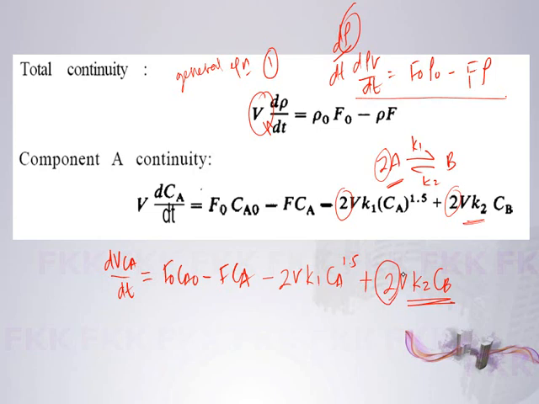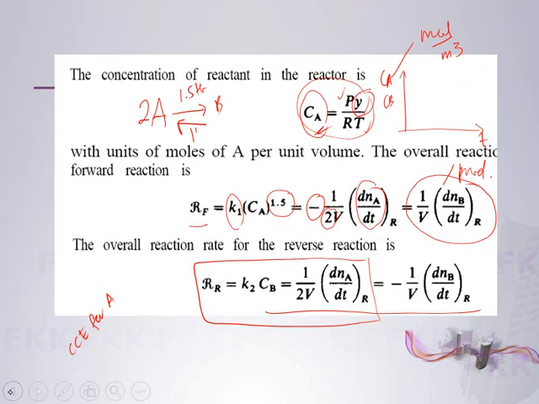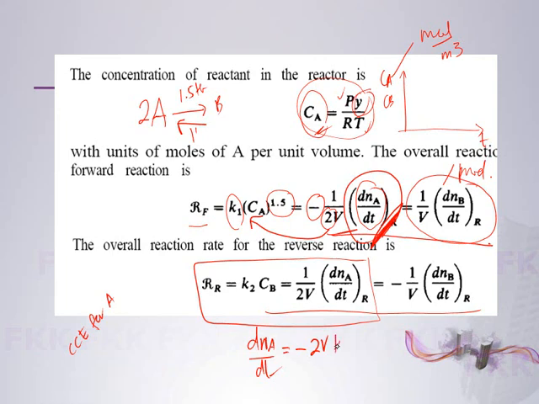Let's go back to the overall reaction rate. So better you check your equation each time if there's a change in your stoichiometric values. So let's go back to this equation. We're talking about A, so dNA over dt equals minus 2V K1 CA to the power 1.5.